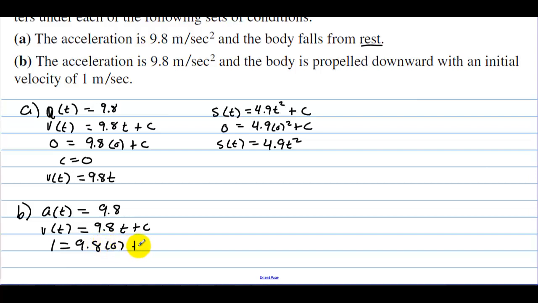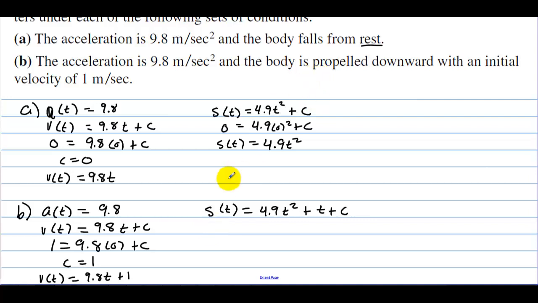So we plug 0 in for t, so c equals 1. So the velocity function is 9.8 t plus 1. The position function is 4.9 t squared and then plus t. That'll come from the 1, and then plus some constant.